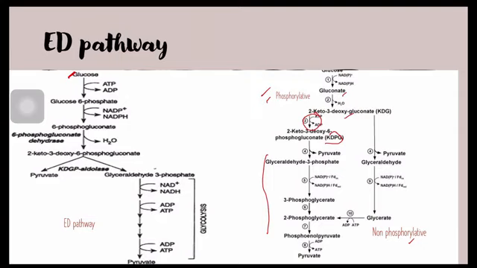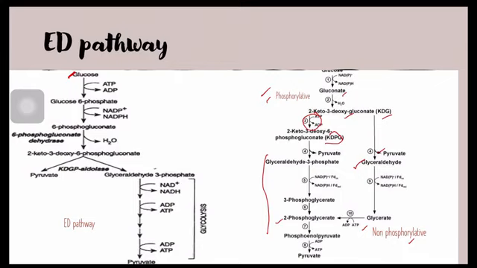In the non-phosphorylative pathway used by Sulfolobus species, KDG is cleaved by KDG aldolase to pyruvate and glyceraldehyde. Glyceraldehyde is oxidized to glycerate, and this glycerate is phosphorylated to 2-phosphoglycerate.